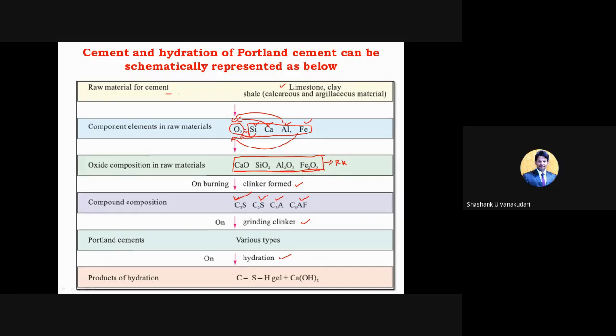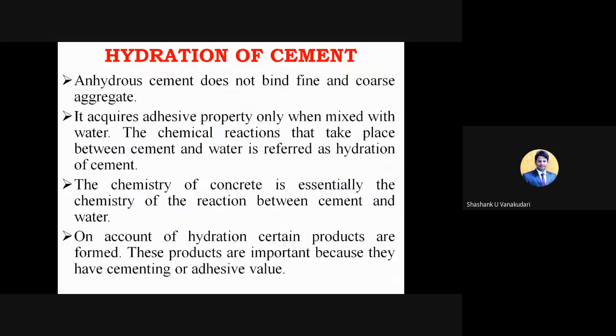After the hydration process it forms CSH gel, and calcium hydroxide is liberated. When water is added to the cement, it forms a proper gel along with calcium hydroxide. And then hydration of cement.